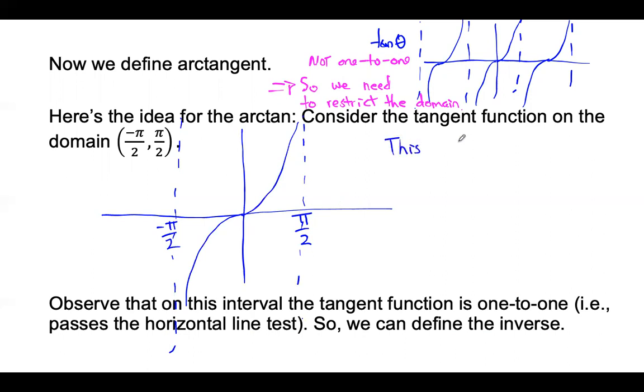So this restricted tan function passes the horizontal line test.